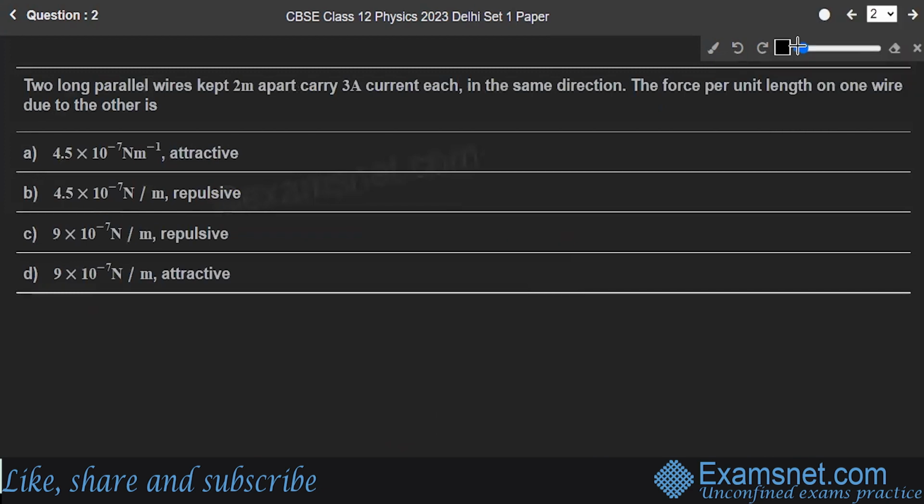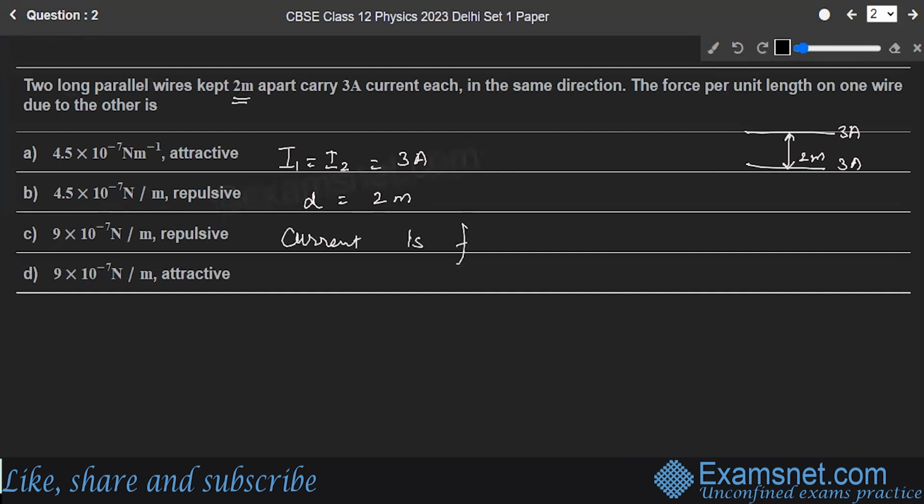Two long parallel wires kept 2 meters apart carry 3 ampere current each in the same direction. If the force per unit length on one wire due to another is. So in the question, you have 2 long parallel wires which are 2 meters apart. They are carrying 3 ampere current each. So you have I1 is equal to I2 is equal to 3 amperes and the distance is 2 meters.